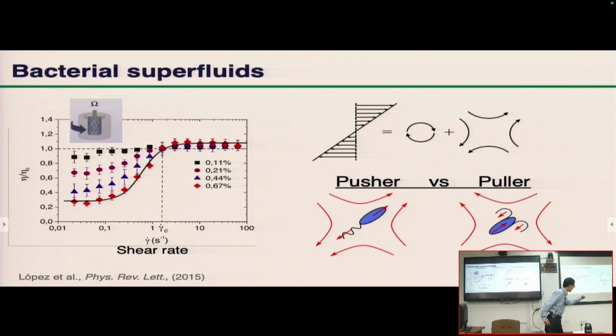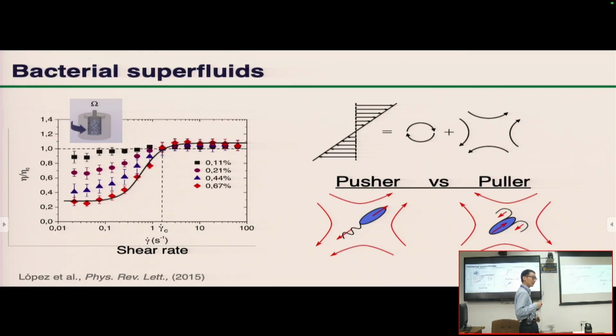These pusher swimmers, to first order, have force dipoles, but they're also non-spherical. So you put these swimmers in this extensional flow, they get aligned along this axis because of their non-spherical shape. That's what happens regardless of activity. Non-spherical particles in the flow will tend to align with the extensional axis.